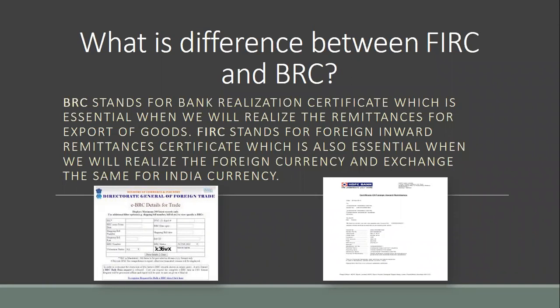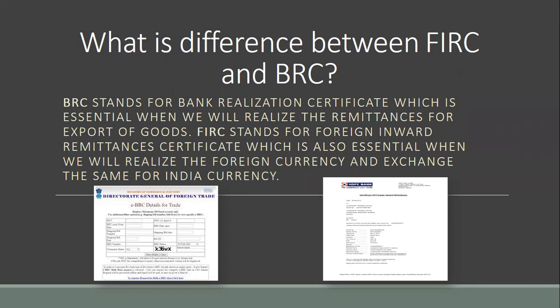So both are documents of proof of inward remittance. When you export some goods or services, then you receive payment, and the bank generates either the BRC or the FIRC.